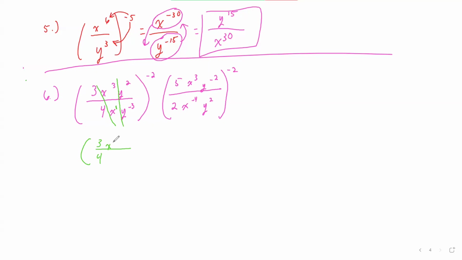So it'd be 2. Perfect. In this situation right here, this is 2 minus a negative 3. That would make that a positive. So that's why that became a 5.